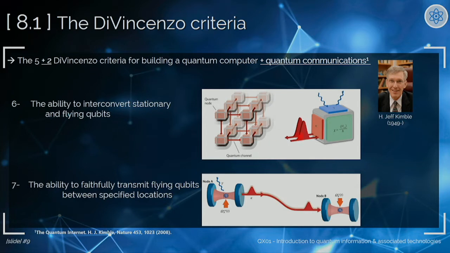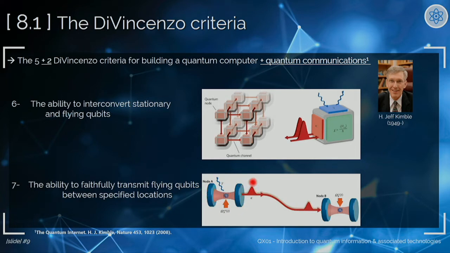And then in each of these nodes, this is where you can have this interconnection between what he called the flying qubits, which are relating one node to another, and the stationary qubits, which are physically at a given space. So in his case, what he had in mind was a series of optical cavities with a single atom trap in each cavity.